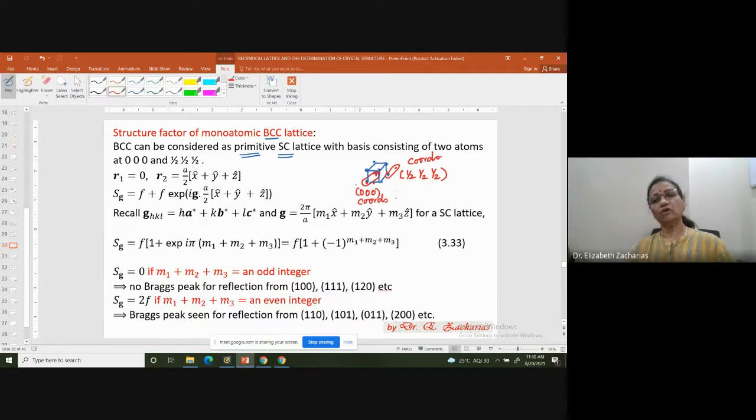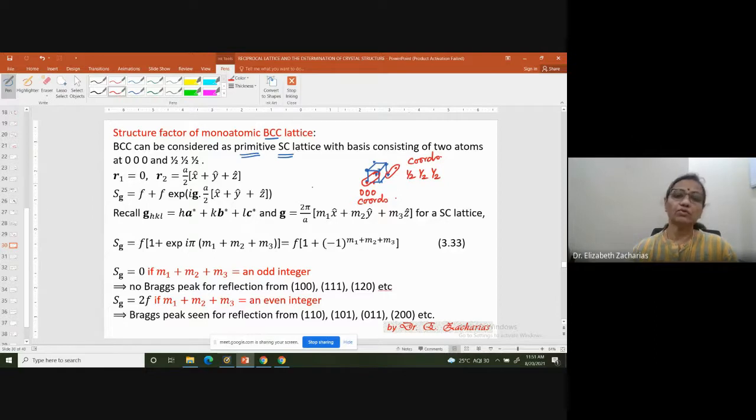The coordinates of the 2 atoms are 0, 0, 0. I should not put this bracket, because if I put this bracket, you will think it's HK. The coordinates will be 0, 0, 0 and half, half, half. I hope you understood how this has come.